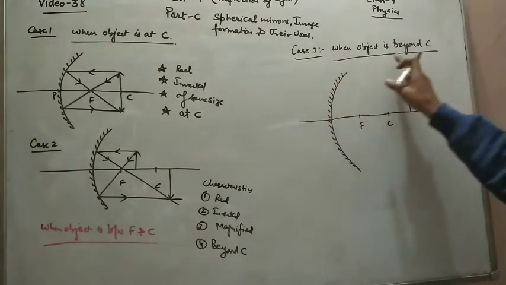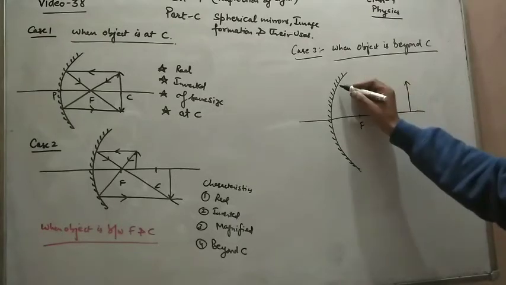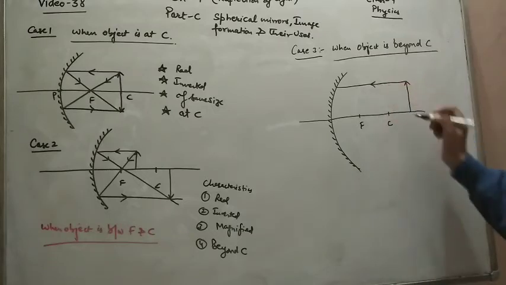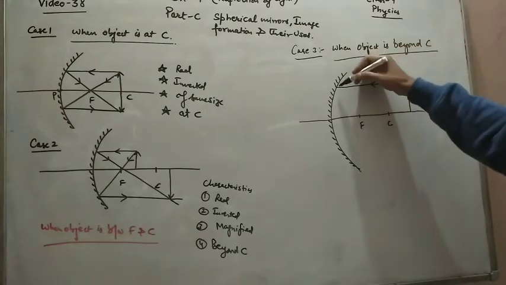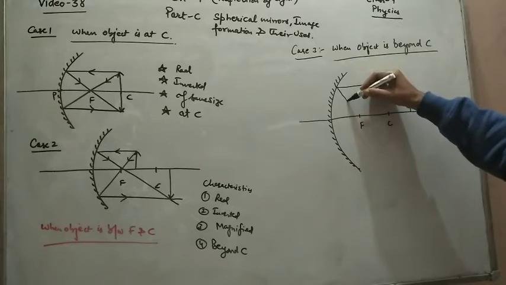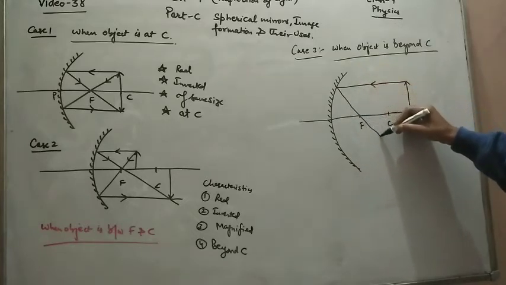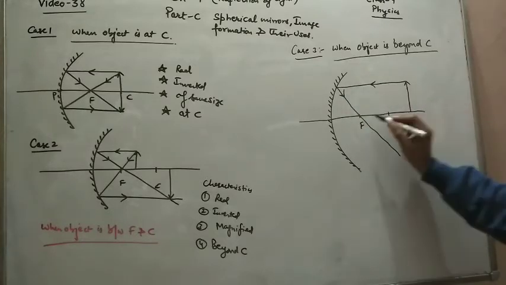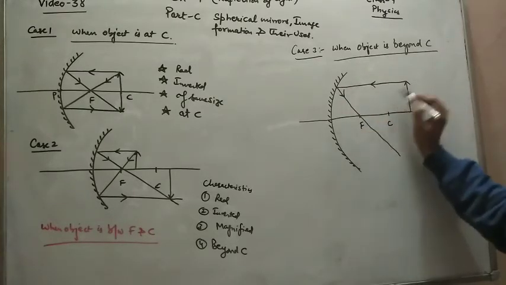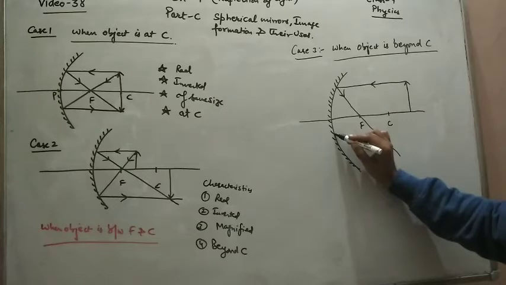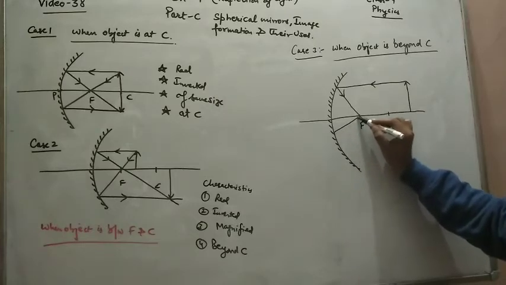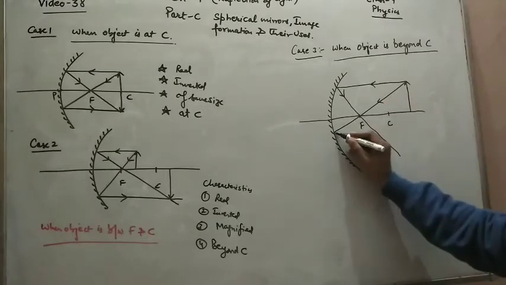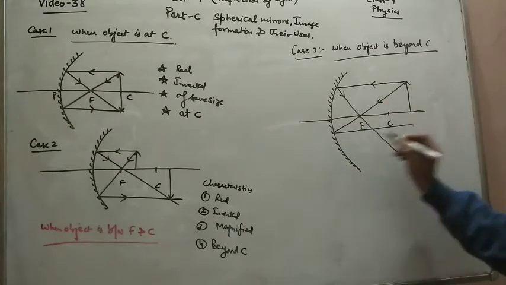Now case 3, when object is beyond C. Here I have drawn beyond C. So when the ray is parallel to principal axis from the object, after reflection it will pass through focus in this way, right? With the scale you will draw. And when it will pass through focus, after reflection it will go parallel to principal axis.